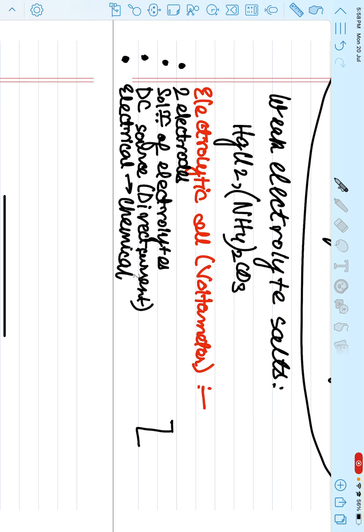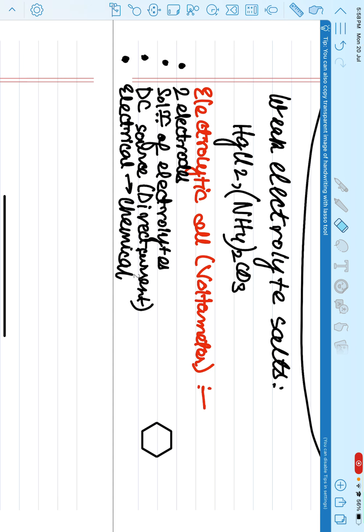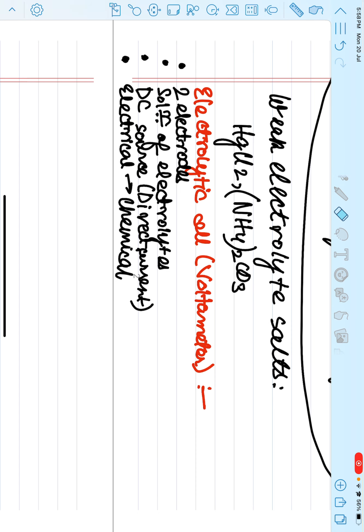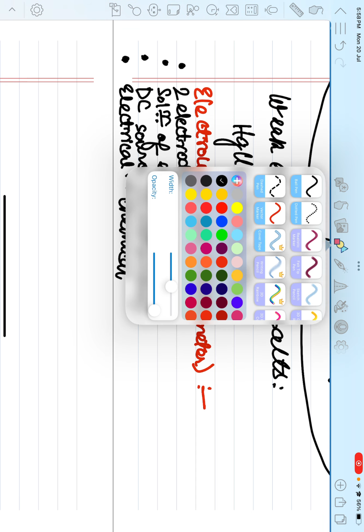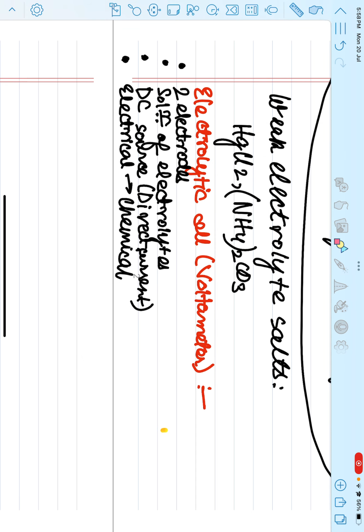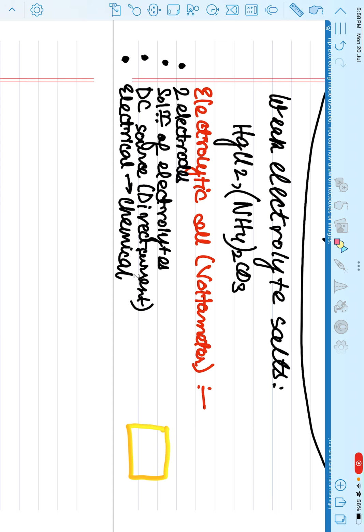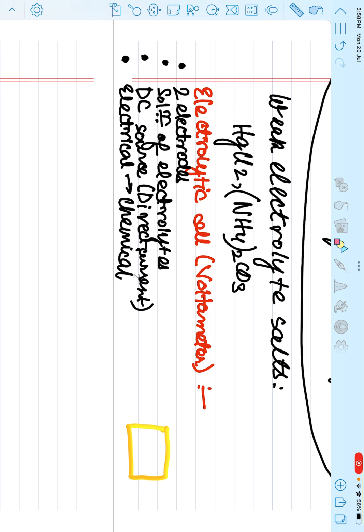Just wait. Okay, this is not the shape I was going to draw. So let me make a box, and on the top, I have this small diagram I'm showing you.